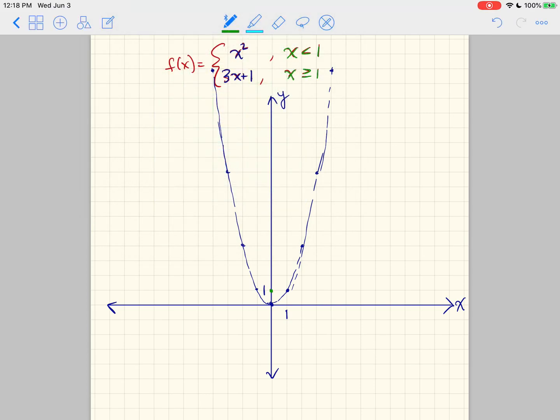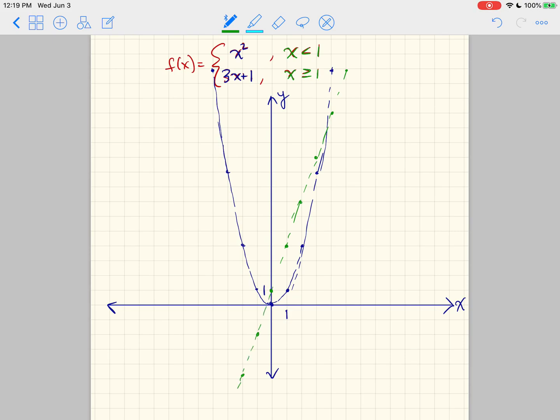So that would be 1, go up 3 to the right 1, up 3 to the right 1, up 3 to the right 1, up 3 to the right 1, and down 3 to the left 1. This is how I would graph these individually. All right, and so I would just have this graph here, okay?